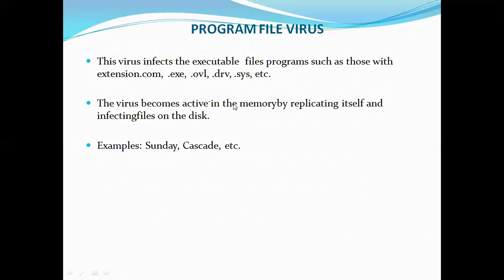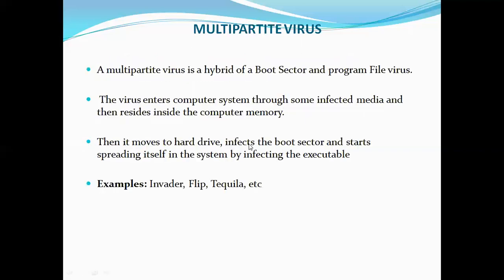This virus becomes active in the memory and it has a tendency of replicating itself. Replicating means duplicating. So a virus comes, it enters the memory and it keeps on replicating itself or duplicating itself. Hence it infects the files on the disk. Examples are Sunday, Cascade.